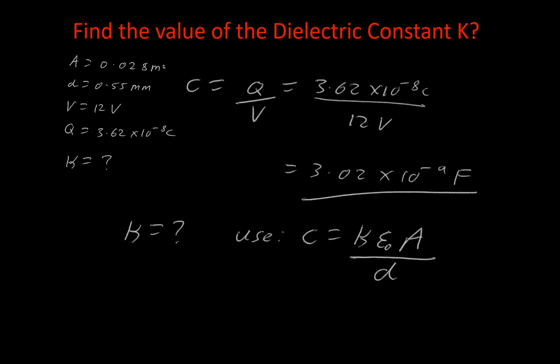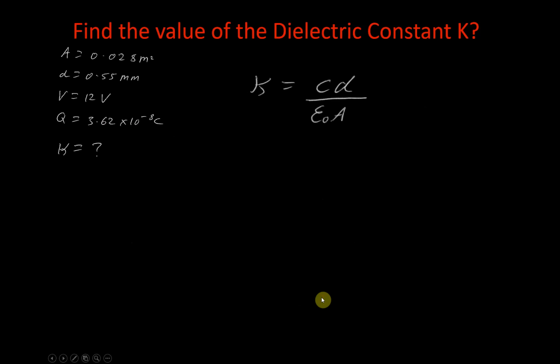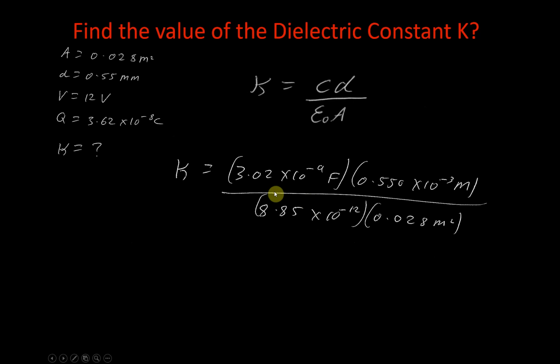Well, we could now rearrange this for K and say K equals CD over epsilon 0 A. That'll give us, after we substitute in, here's our 3 times 10 to the minus 9, here's our 0.55 times 10 to the minus 3, here's our permittivity of free space, 8.85 times 10 to the minus 12, and here's our area of the plates. That'll give us a nice neat K value of 6.7.